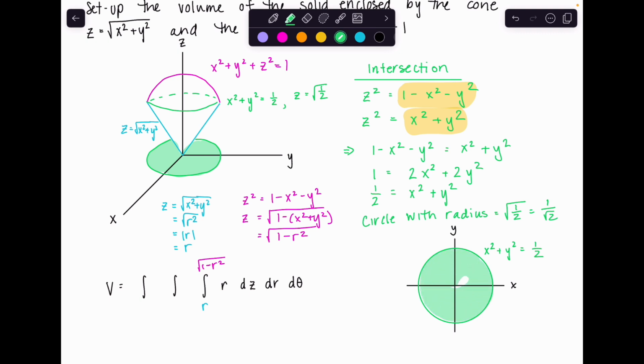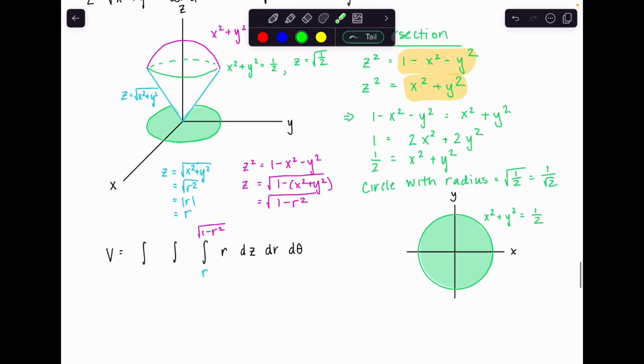And this time again, we're going to use this entire thing to figure out our angle. We're starting at 0 and going all the way around the circle, so the bounds on theta are 0 to 2 pi. And then for the radius, you're starting at 0 and going out to the edge of the circle, and in that case, the radius of the circle is 1 over root 2.